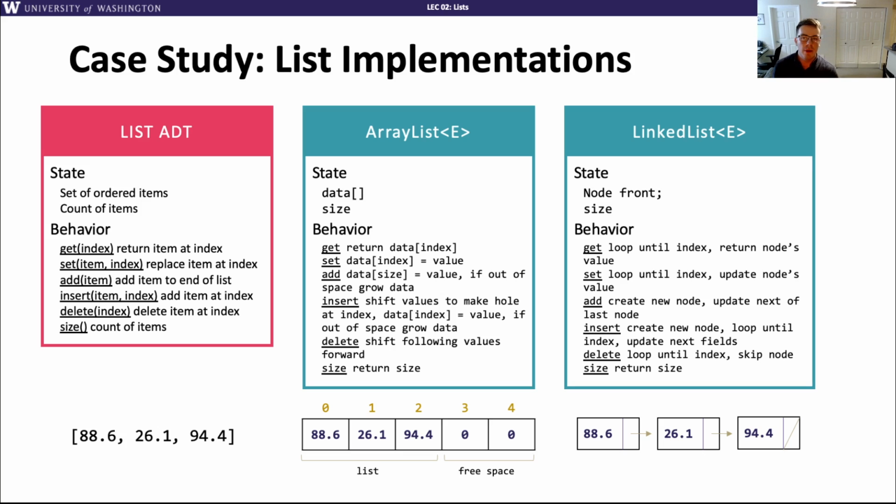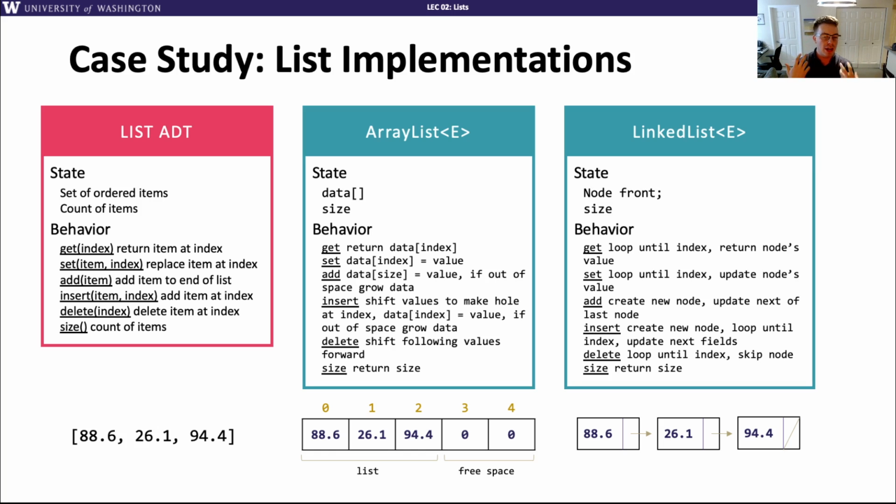Now, the list ADT corresponds to the list interface in Java, which has methods for all of these things. And in Java, it provides concrete implementations of these through the ArrayList class and the LinkedList class. And as a reminder, the approach the ArrayList takes is it tries to implement the list ADT, the list interface. It's going to store a sequence of values with indices that you can add and remove things.